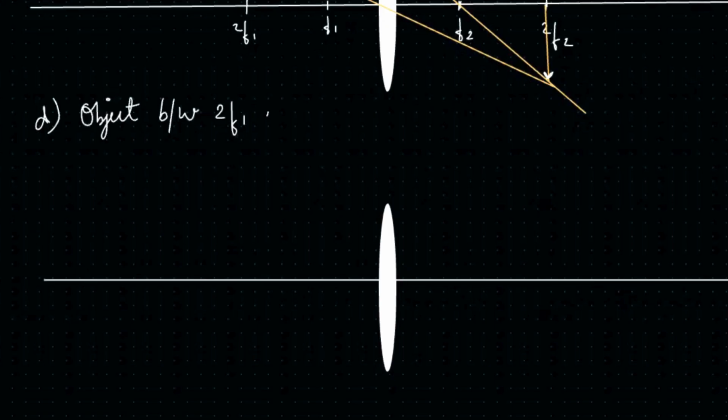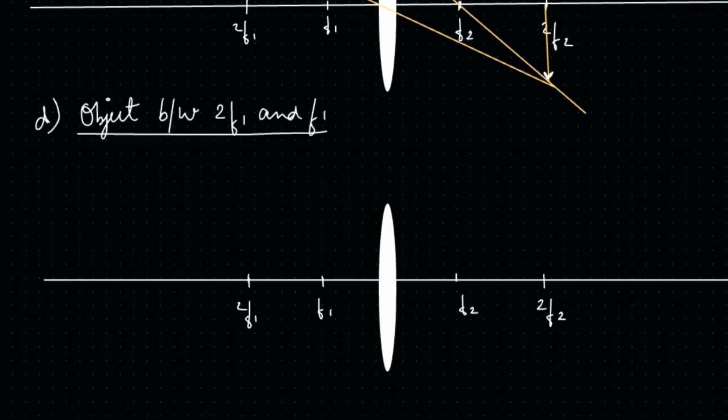So this is the focal point F1, this is 2F1, this is F2, and this is 2F2. Now, let's say we have an object between 2F1 and F1.